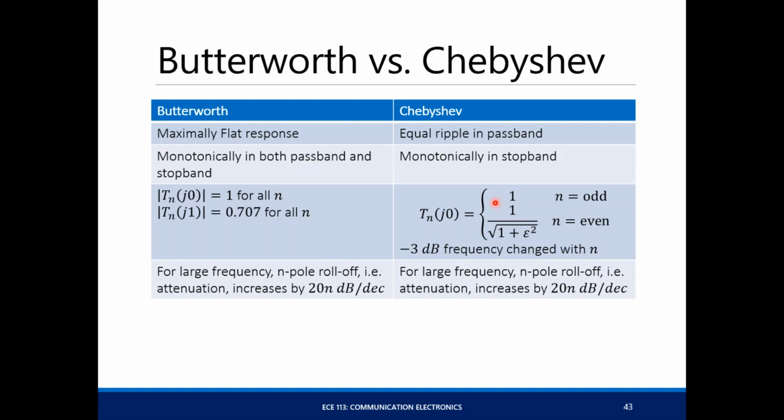For your Chebyshev, depending on your order, the value at omega equals 0 is different. Okay? And actually, your omega 3 dB changes with the value of n. Okay? For large frequency and pole roll-off, the attenuation increases with the order of your filter.